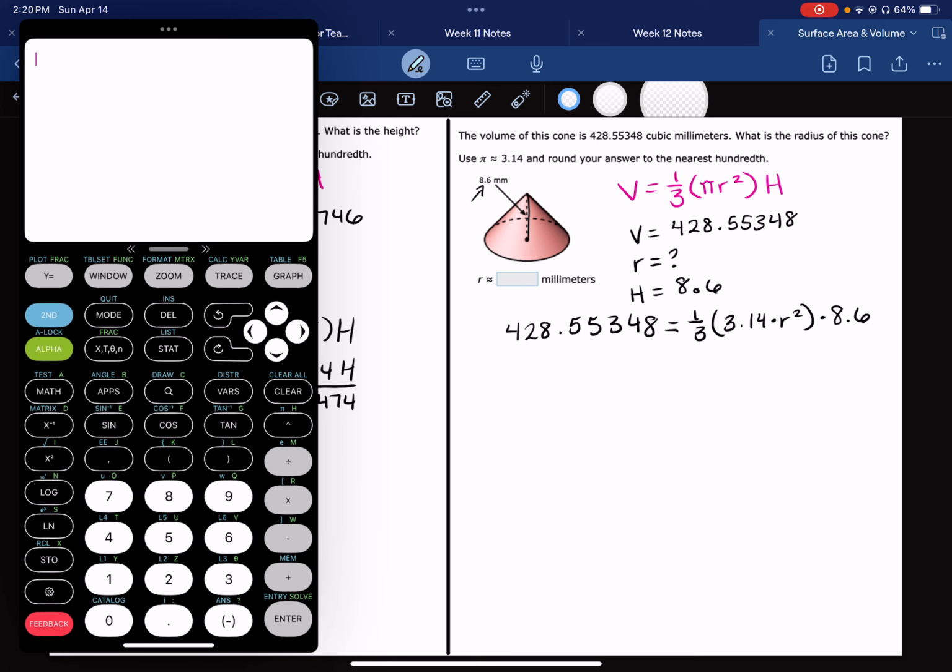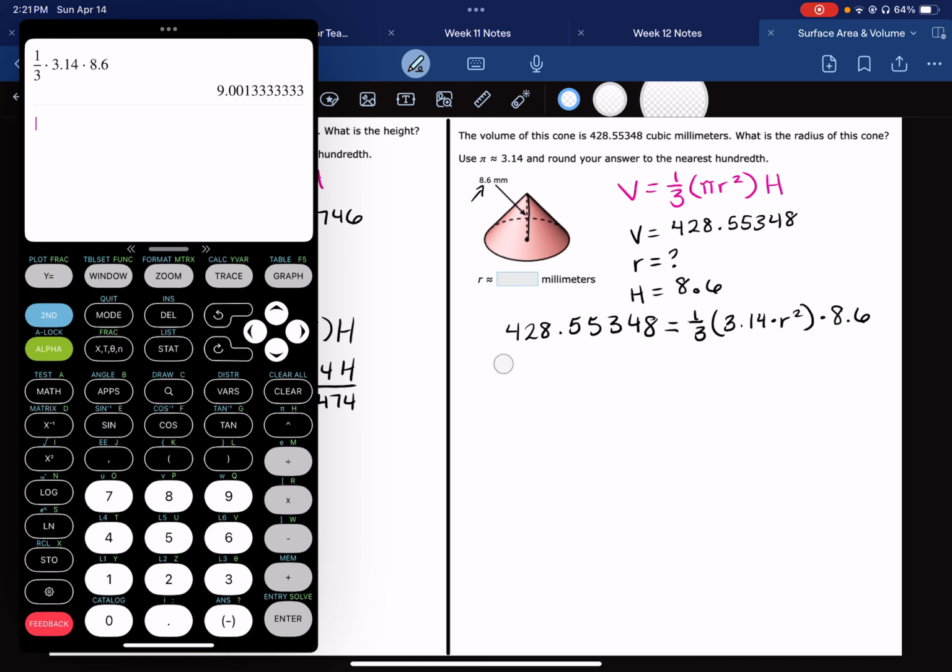So for the fraction, I'm going to hit the math button under the green button, left arrow to get to frac, and hit enter. Hit 1/3 times 3.14 times 8.6, all together one line to get one single number. Okay, so I'm going to go ahead and write it like it's written as much as I can, but when we go to use the calculator, I'm going to show you how not to round until the very end.